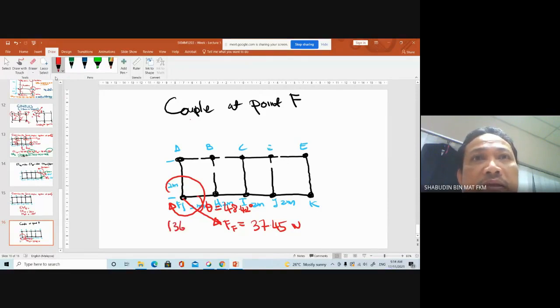136 Newton meter. See, in a couple system, mostly the force is unchanged. The only change is the moment.